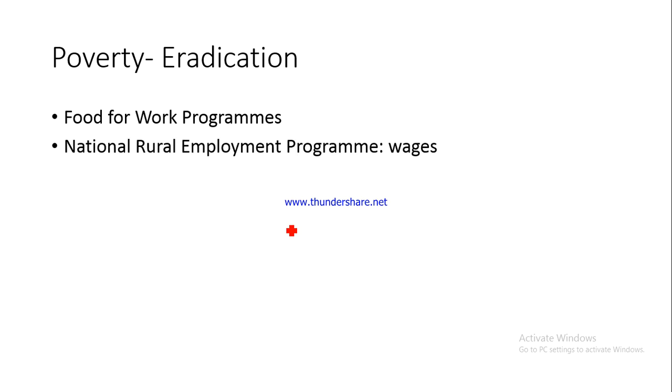And then it evolved. There was further evolution in the thinking and approach of the government, which resulted in the National Rural Employment Program. Herein employment was provided in the rural areas, and wages were paid to the beneficiaries. This was slightly different from the food for work program, where food was paid in lieu of the physical labor provided by the beneficiary.